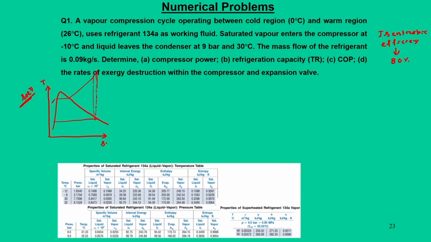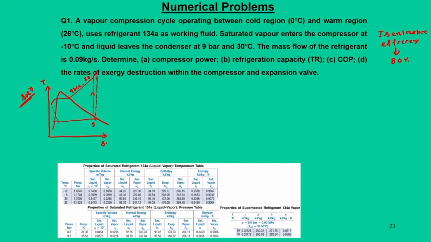Of course, we have a subcooled region here. First, we have to denote the states. Entry to the compressor, and if the process were isentropic, it would have gone this way. So, it would have reached 2s, and this constant pressure line is at 9 bar.